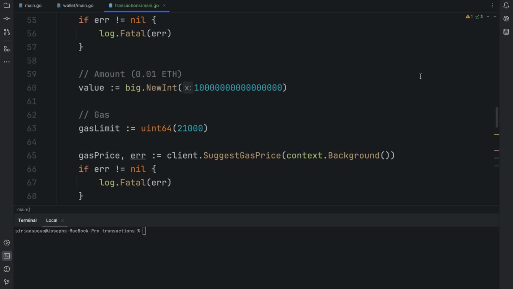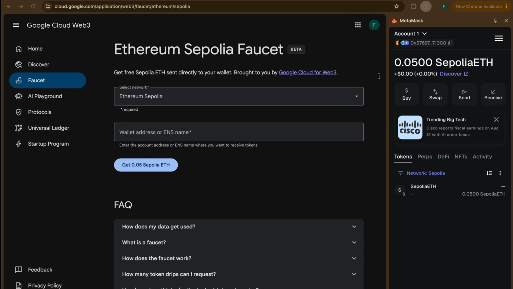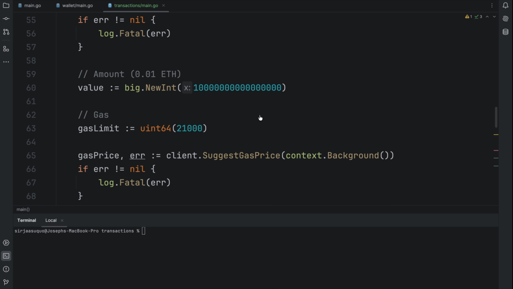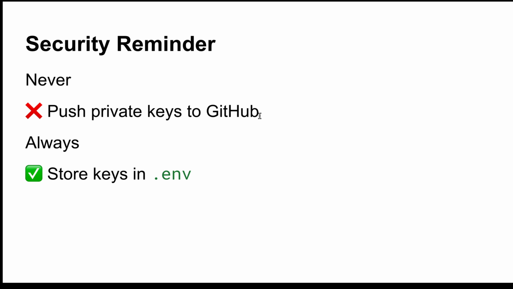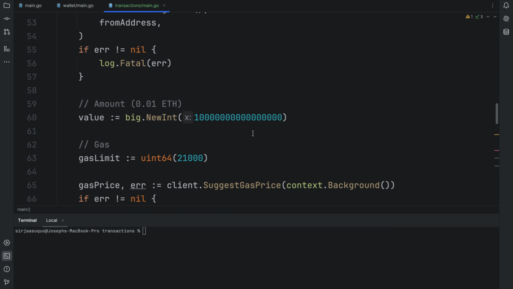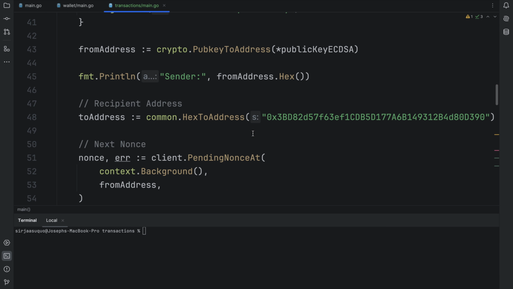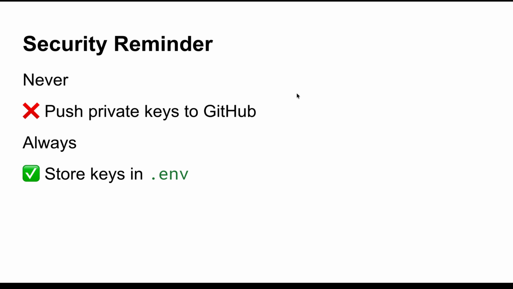So the next thing we are going to do is try to send 0.01. Yeah, we have 0.05, that should be enough. And again, we already know this is my personal address. Let's see if we can see it.